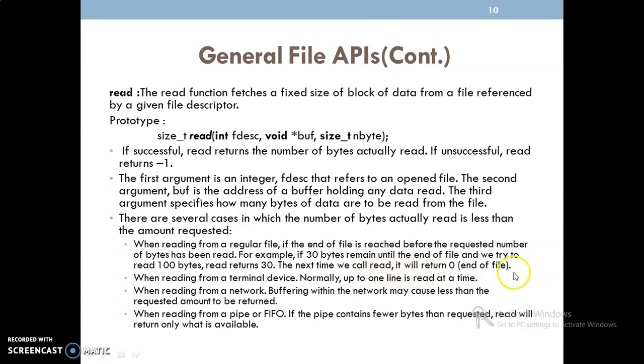That indicates end of file. When reading from a terminal device, normally up to one line is read at a time, which means a single line at a time. Next, when reading from a network, buffering within the network may cause less than the requested amount to be returned. When reading from a pipe or FIFO file, the pipe usually holds a certain amount of data, and that will be returned.